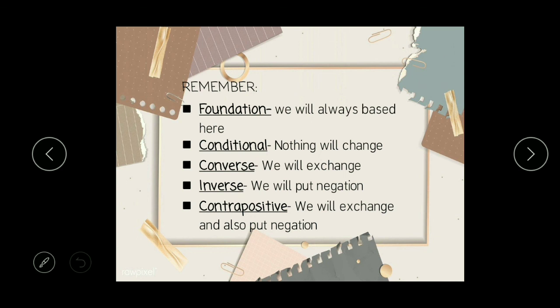In the foundation, we base our statement. In the conditional, nothing will change. In the converse, we exchange our P and Q. In the inverse, we put a negation on our P and our Q. In the contrapositive, we exchange our P and Q and also put a negation on our P and Q.